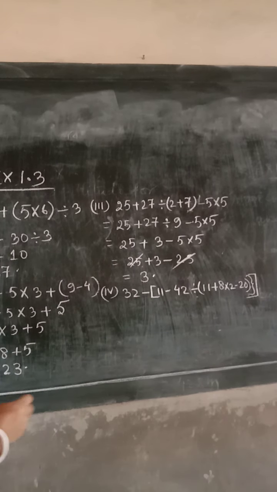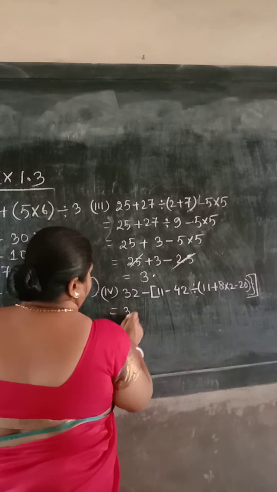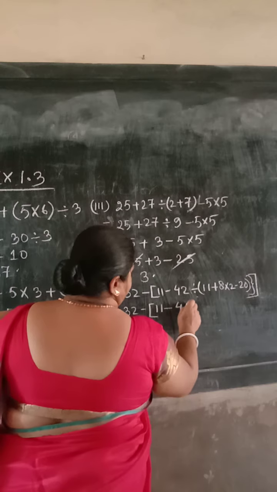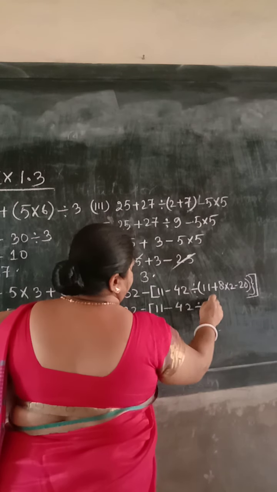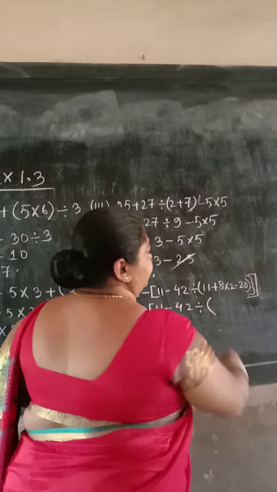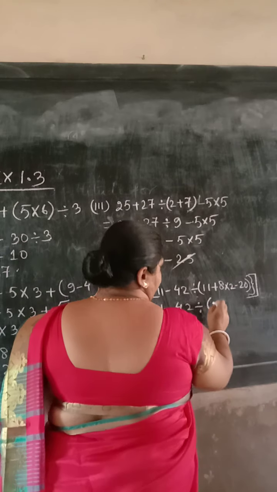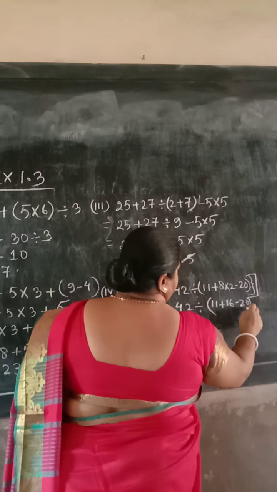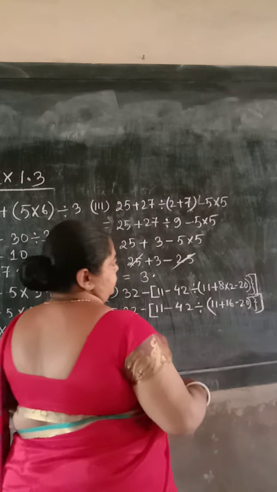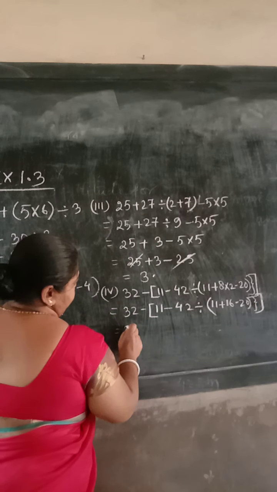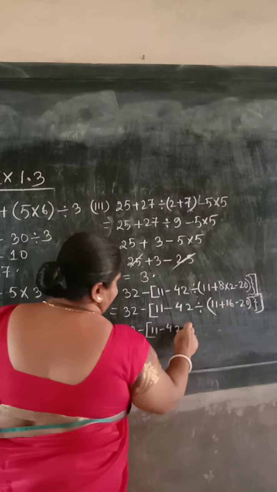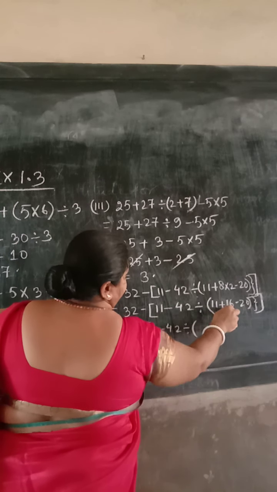Now it gives you 32 minus 11 minus 42 divided by, within the small bracket you have addition, subtraction and multiplication. So first of all we have to multiply.